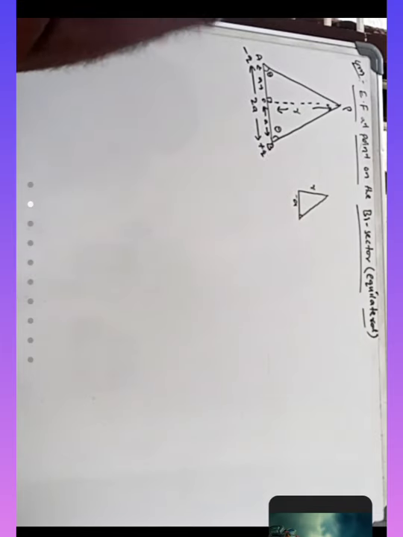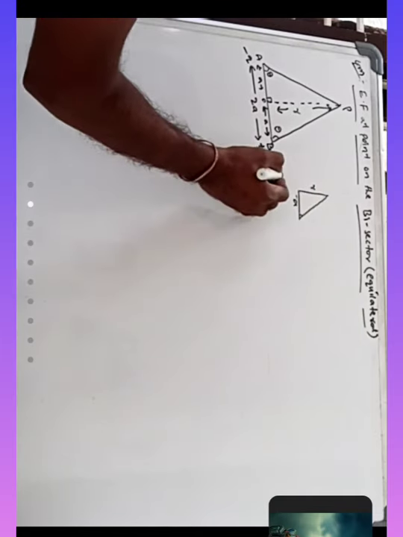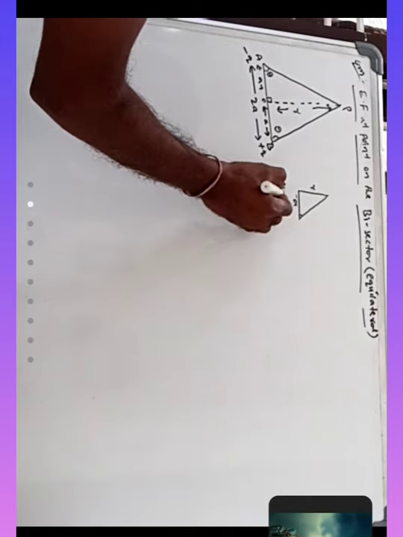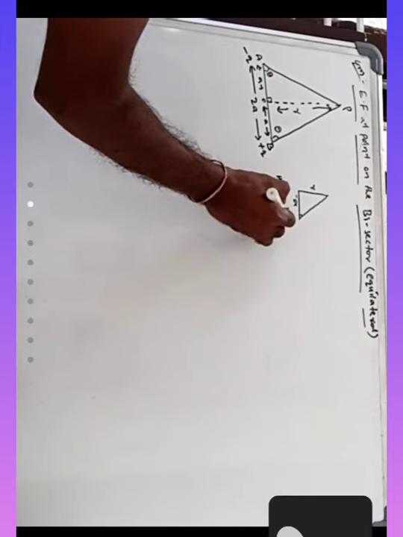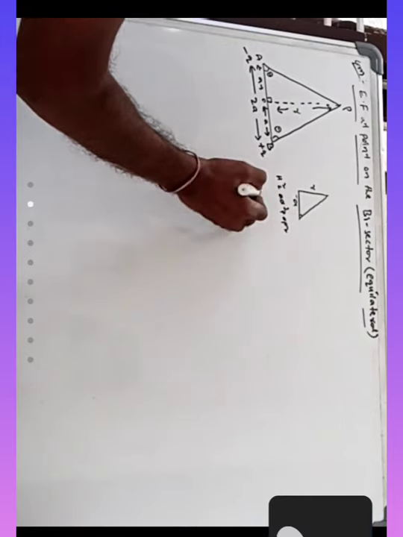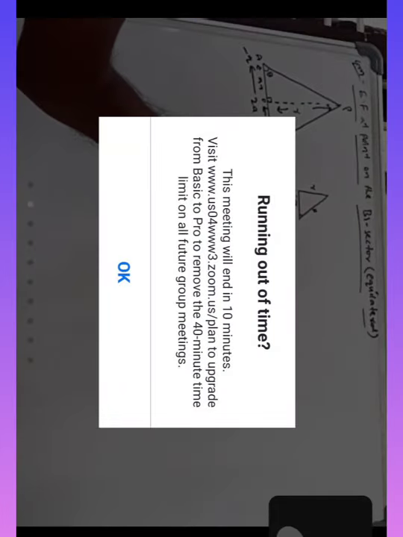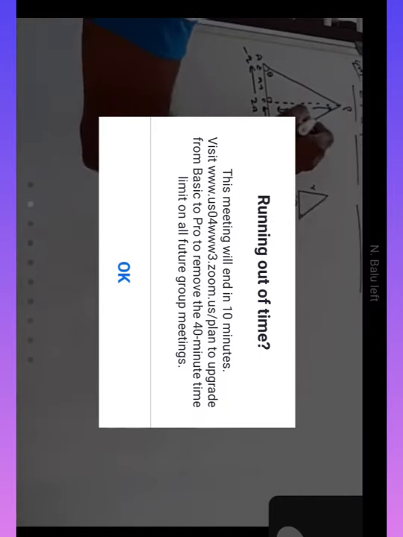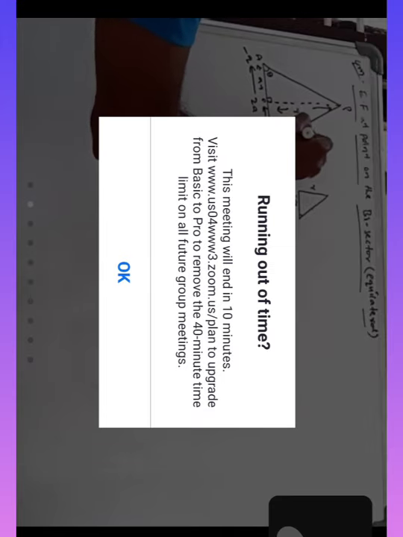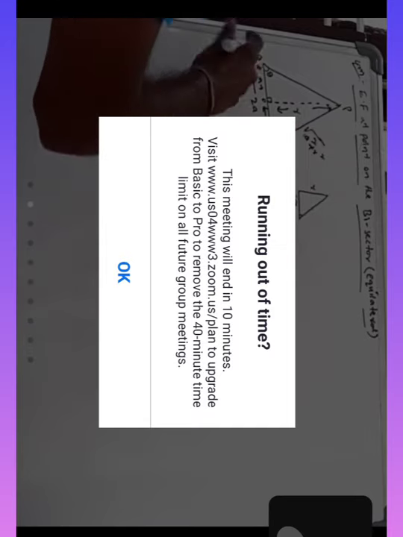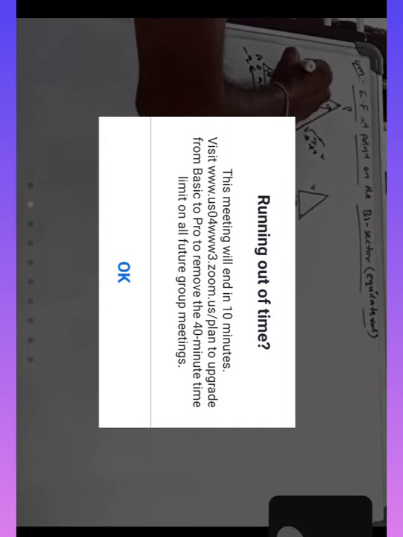According to the Pythagoras theorem, hypotenuse squared is equal to adjacent side squared plus opposite side squared. So hypotenuse squared is r squared plus a squared, then the hypotenuse is under root r squared plus a squared, or a squared plus r squared. Keep it in mind, this is also the same: under root a squared plus r squared.